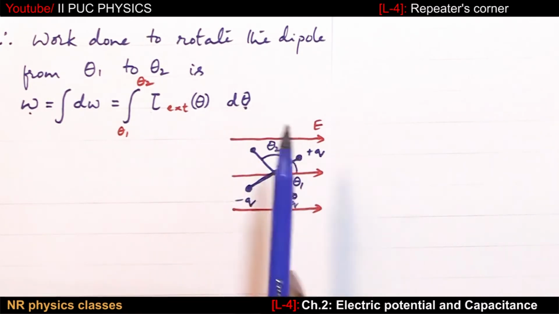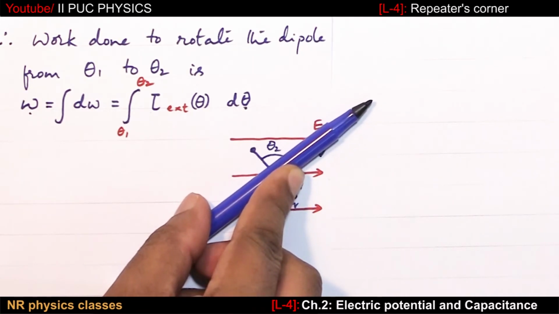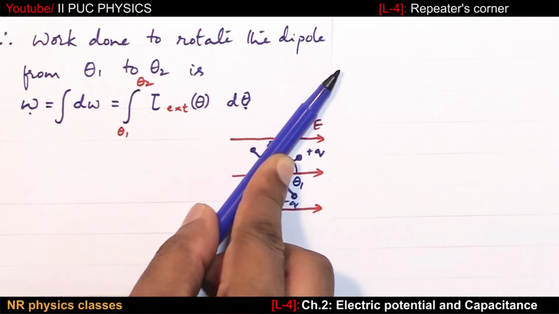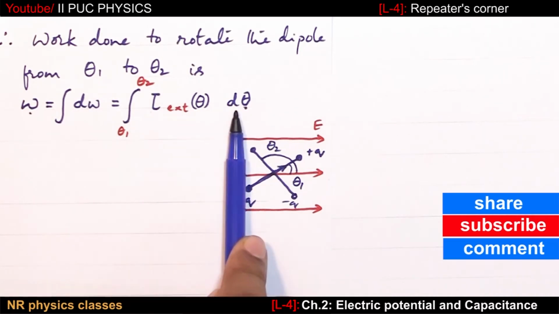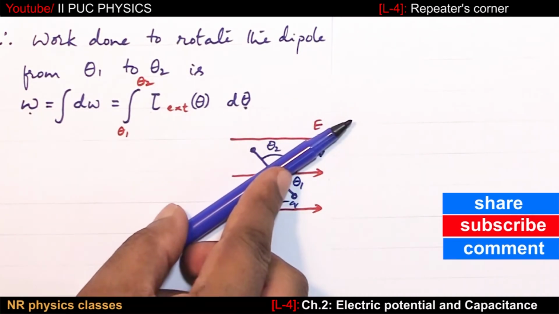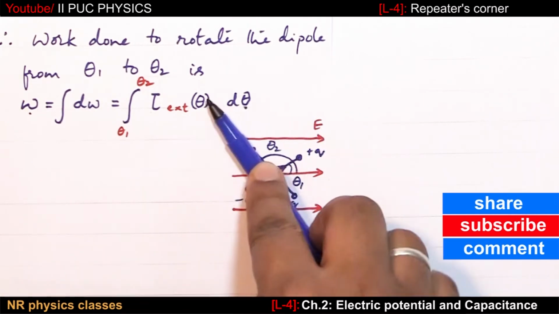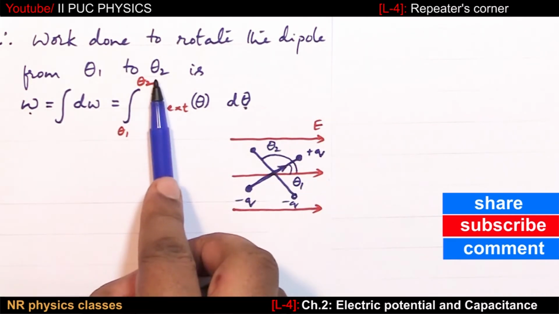D theta is very small angular displacement. What is the work done to rotate the dipole through small angle d theta means it is dW equal to tau into d theta. So what is the total work done to rotate the dipole from this position to this position means it is integration from theta 1 to theta 2.